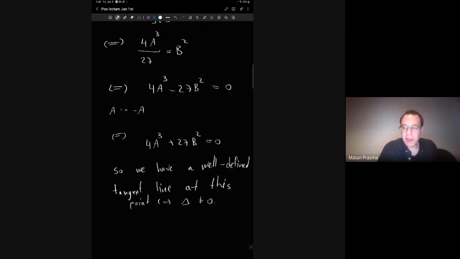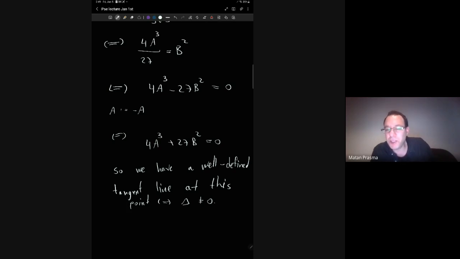So this is okay. I think it was a bit of a mess, but I wanted to give you at least the geometric intuition of where this condition comes from.